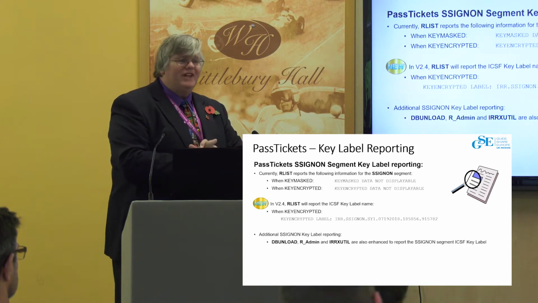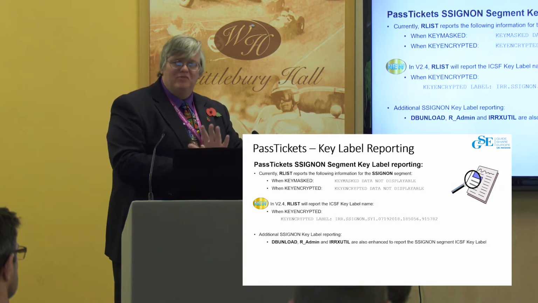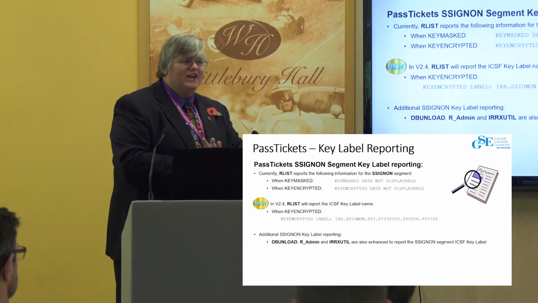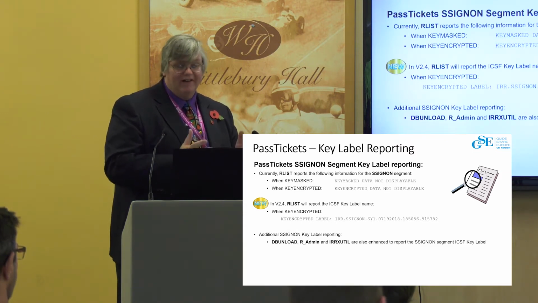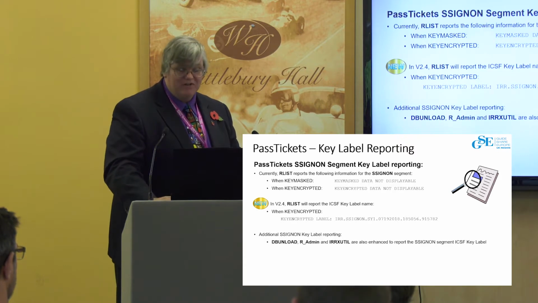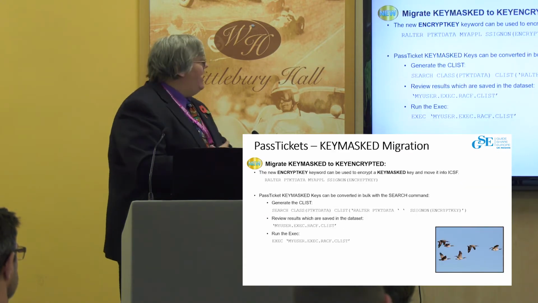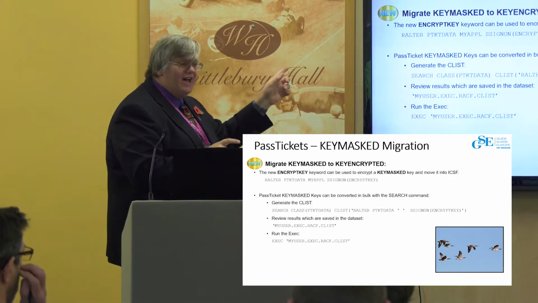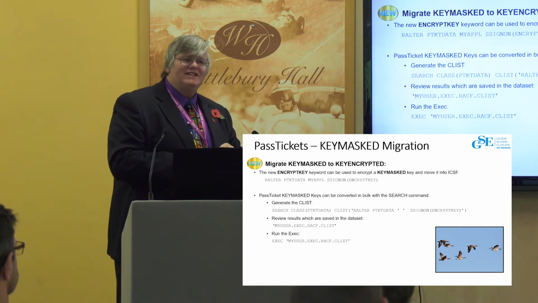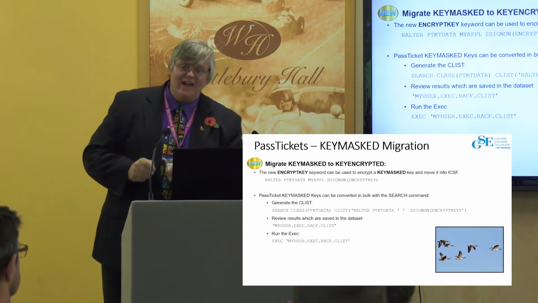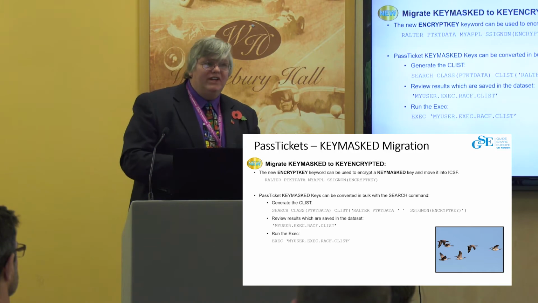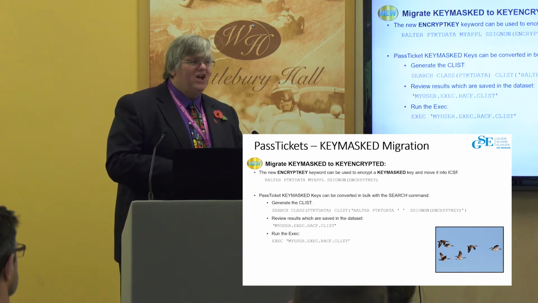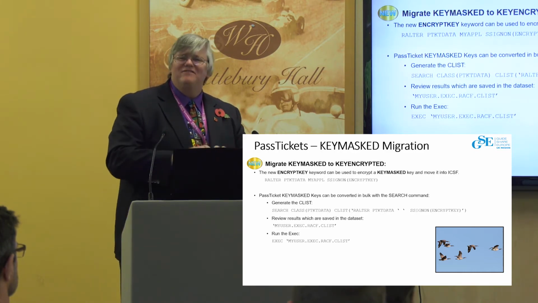In addition, in all the places where you can ask for information about that SSIGNON segment, and to get that key label value, such as database unload, RACDCERT, IRRXUTIL, they will also export it now as well. That's pretty cool. Now, if you have a key that is stored in RACF, we are giving you the ability to move it into ICSF without having to do anything fancy.